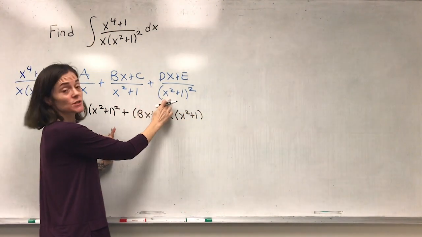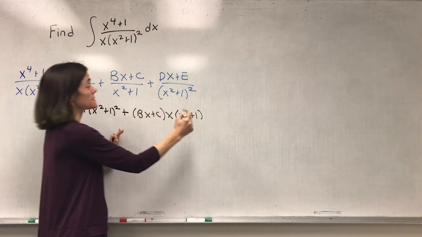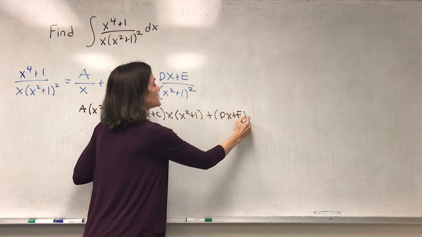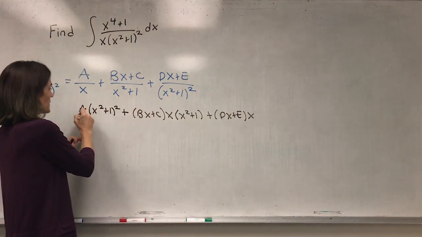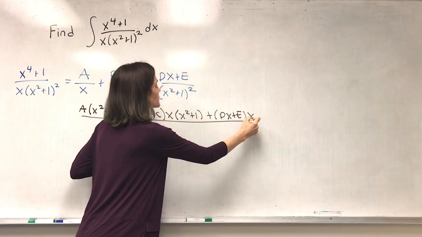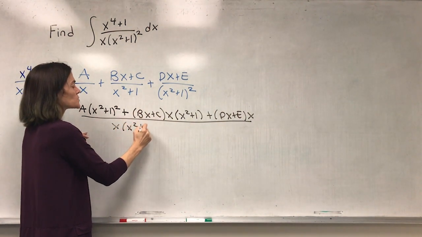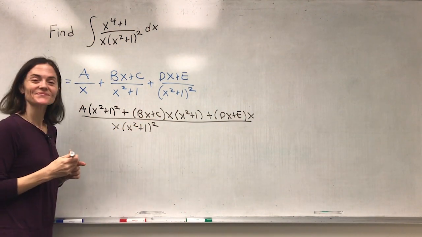And then this term, all we need is an x multiplied. So you have plus E times x. Okay, all over this x times (x squared plus 1) squared.